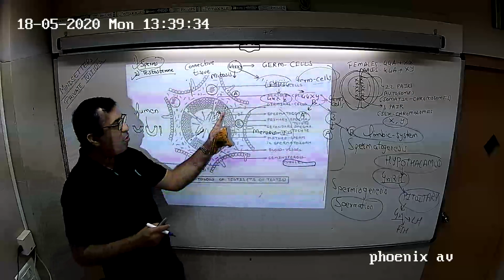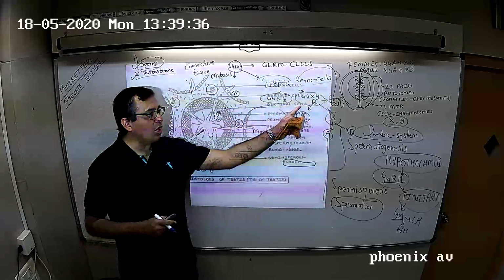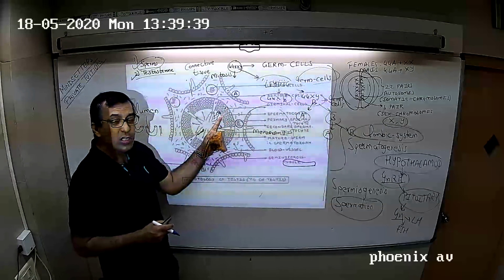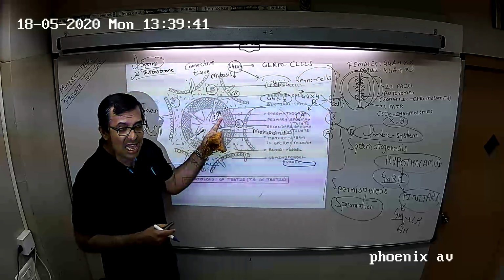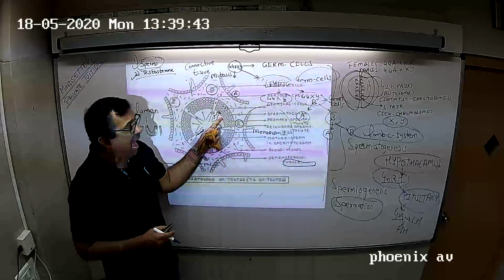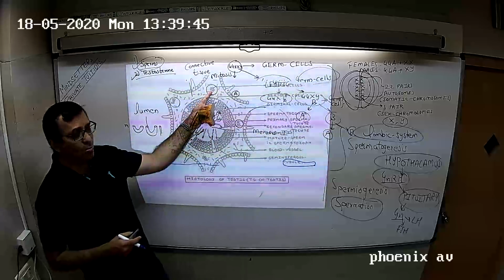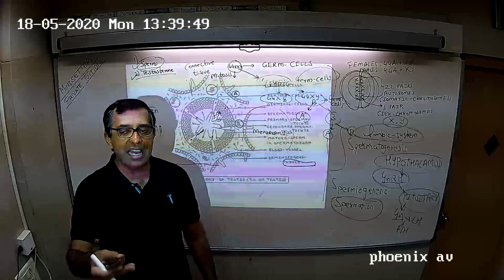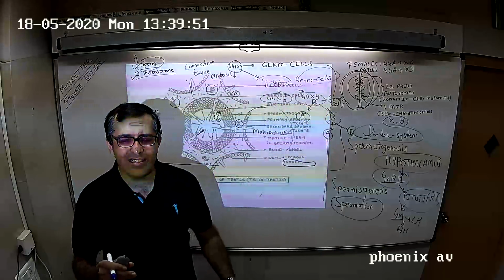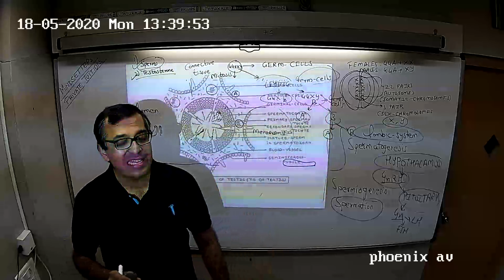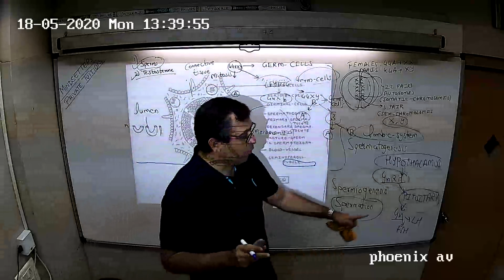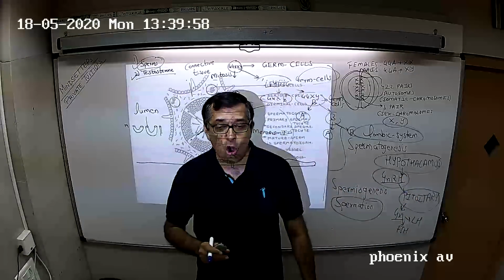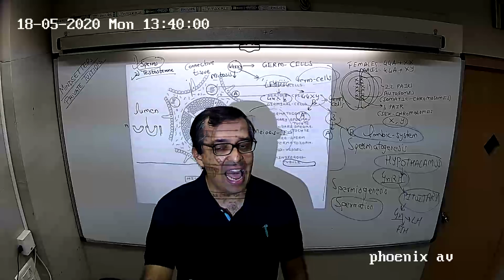Follicle stimulating hormone stimulates the germinal cells to undergo spermatogenesis and produce sperms, and luteinizing hormone acts on the Leydig cells to produce testosterone, and thus everything is started at puberty because of your biological clock called your hypothalamus.